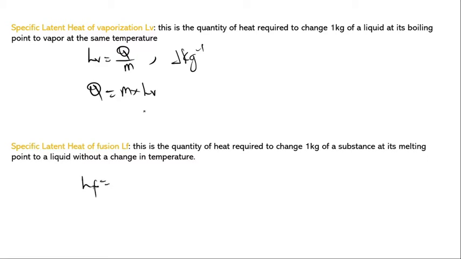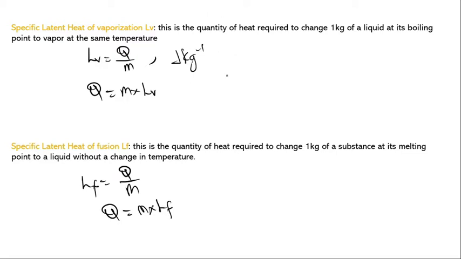Now the heat of fusion, where we are melting solid to liquid or liquid to solid, is also given by the heat energy over the mass of that particular substance. So if you want to know the heat energy for a transformation from solid to liquid or liquid to solid, you multiply your mass by your latent heat of fusion to get the heat energy involved in that change of state.